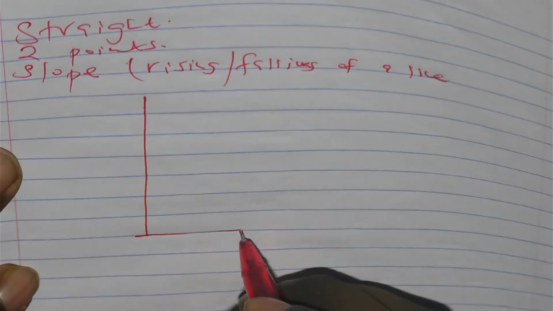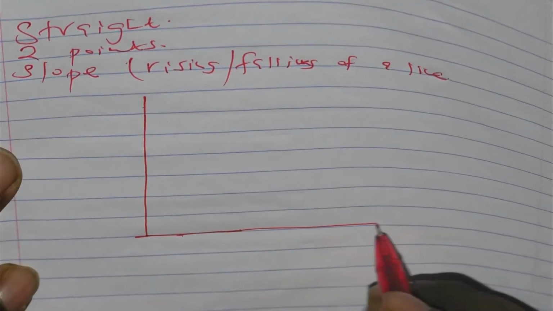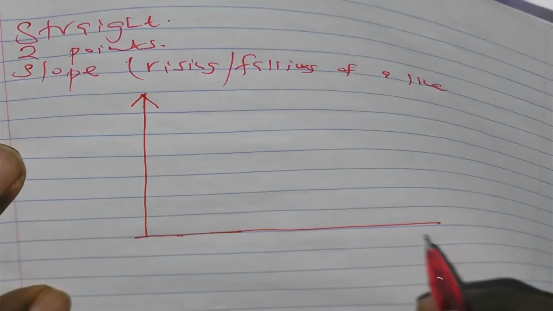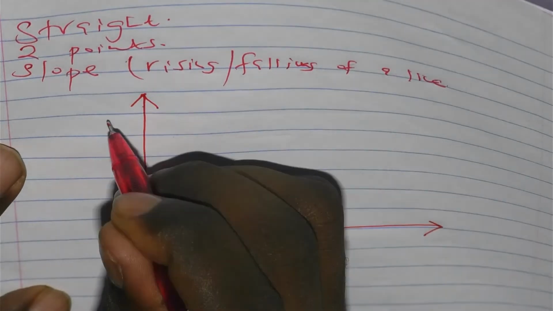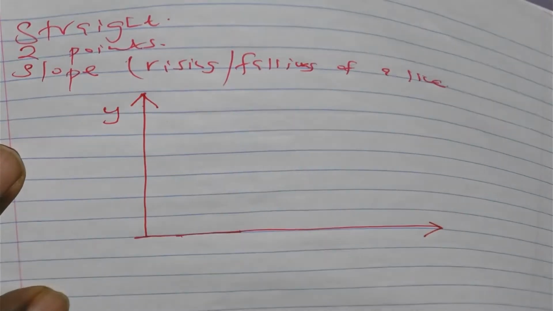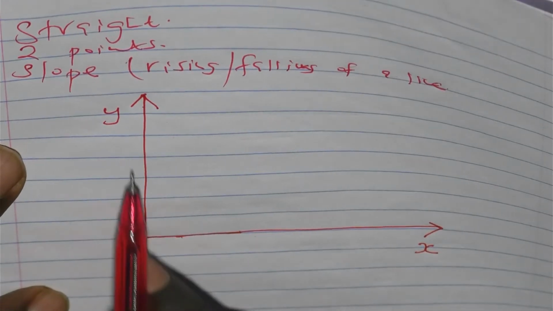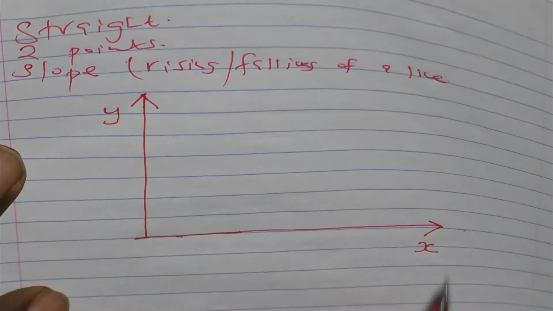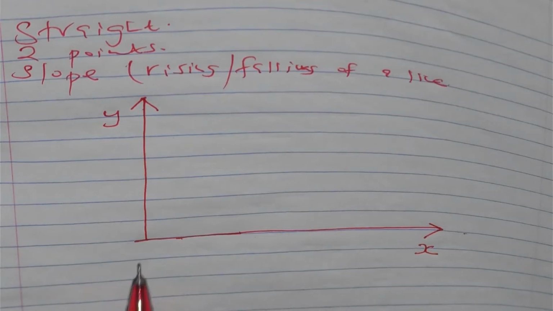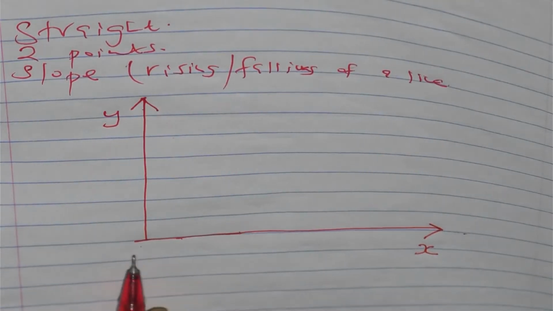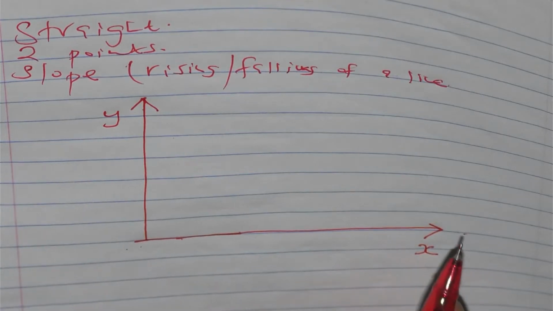So we are working in 2 dimensions, in 2D, and conventionally we usually have this as our y, and we usually have this as our x-axis. So this is our y-axis, this is our x-axis. The values that go up are y's, and the values that move from left to right are x's.